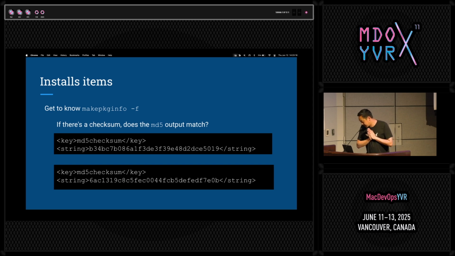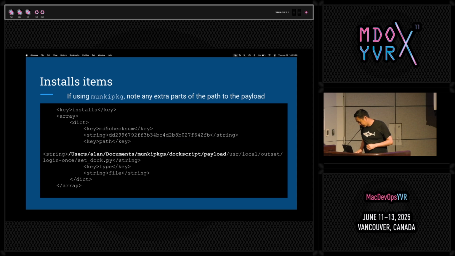Another thing is, if there's a checksum for an installs array, does it match? It should. If it doesn't match, you might get into an install loop as well. We're going to see this in the live demo, but how many people are using Munki Pkg to manage stuff? Okay, there's a fair number of people.